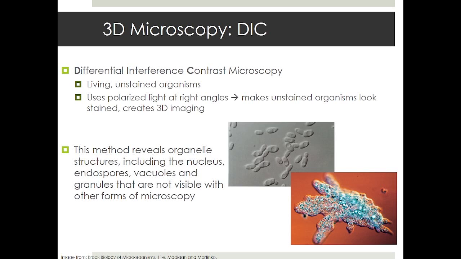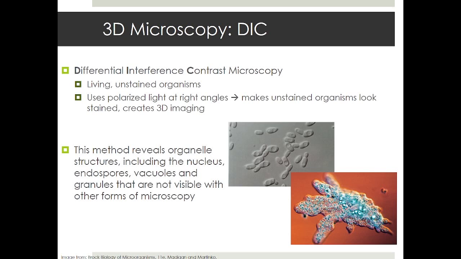If you're using your fine focus and you're trying to really find your way through different planes of depth, you're never going to be able to focus on the whole cell at once. So something like differential interference contrast microscopy uses living unstained organisms, but also allows you to take many photos of the same cells and then assemble them to create a 3D image, which is kind of neat because that way you get a true picture of the full scope of what a cell actually looks like. And it's not just a 2D flat thing that you can't quite get in focus while you're trying to do that with bright field.